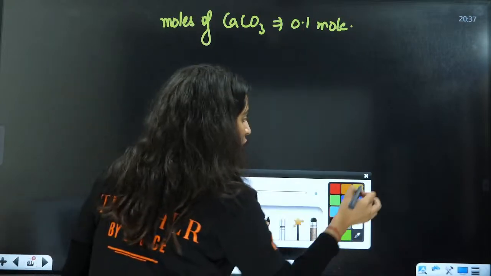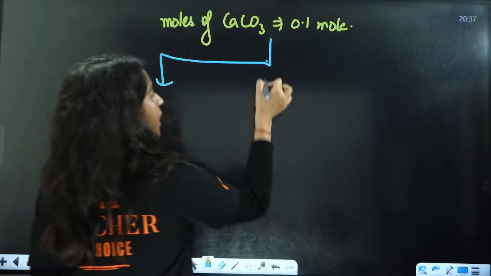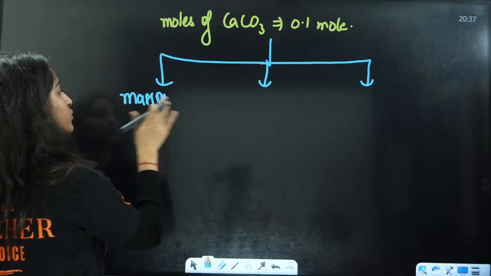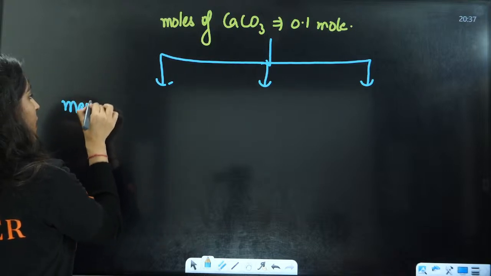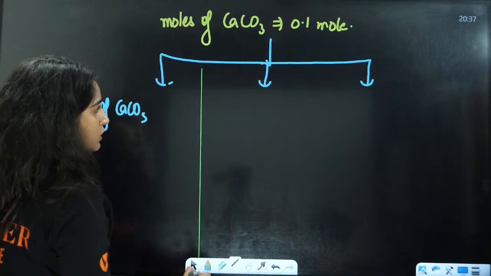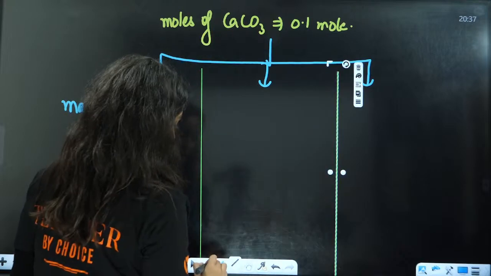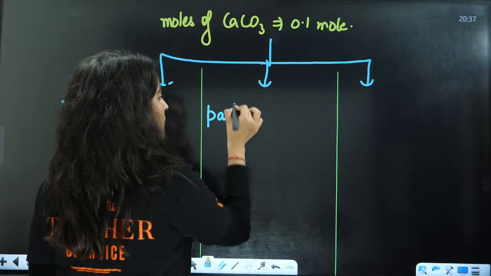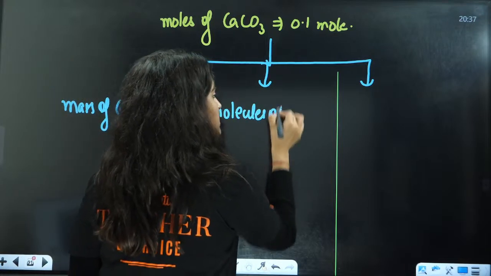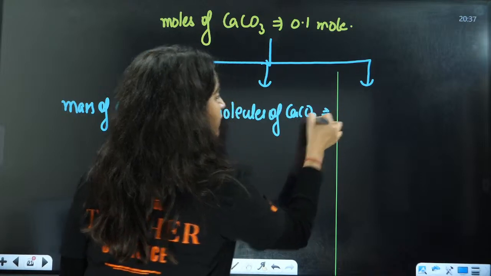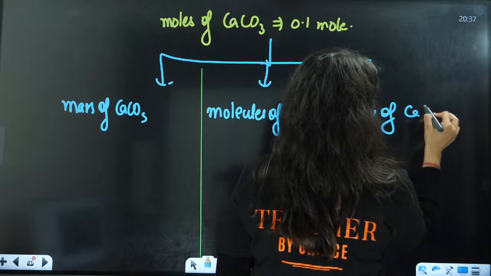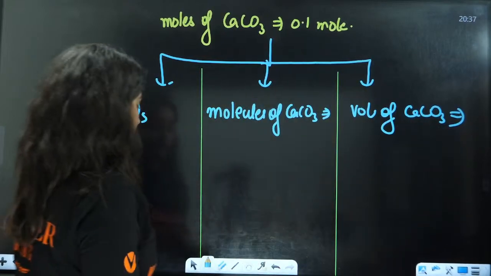So now if they ask you the mass, particles or volume, if they ask you the mass of CaCO3, or the particles, or I can say the molecules of CaCO3, or the volume of CaCO3, we can calculate everything here.